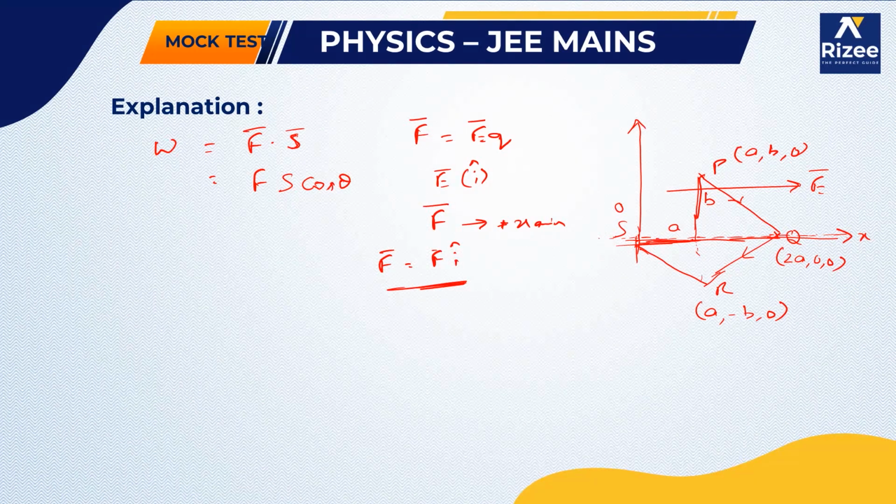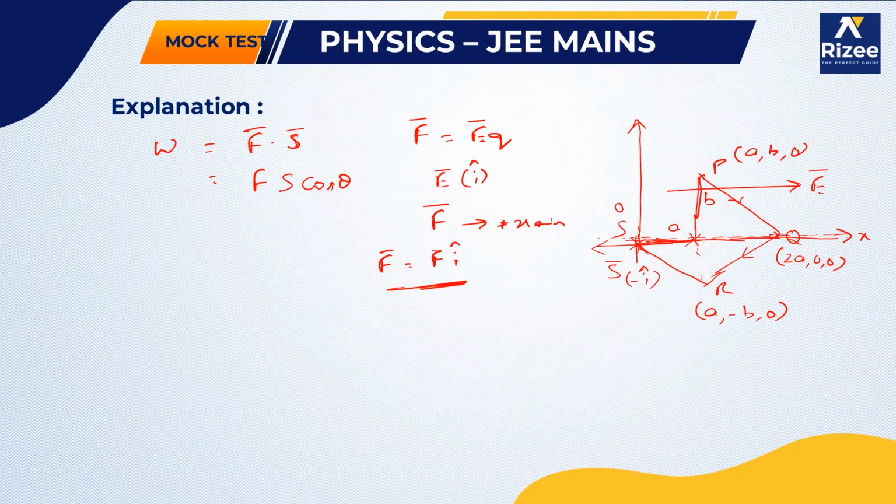Now, on the whole, it is traveling a displacement from this point to this point, and this is your a, but you are moving in the opposite direction from P to S. So your displacement vector is directed along the minus i cap.